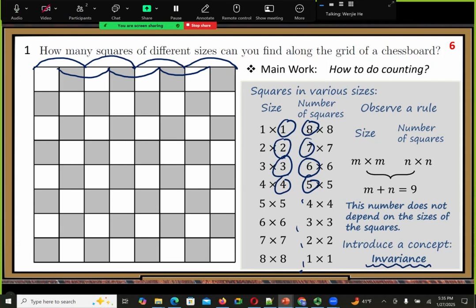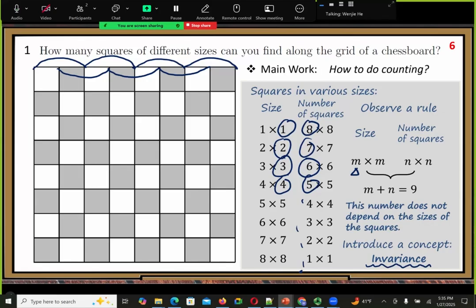When we look at the size part, we pick the side number n. Then we look at the number of squares. How do we get the number of squares? We use the horizontal counting and the vertical counting, right?